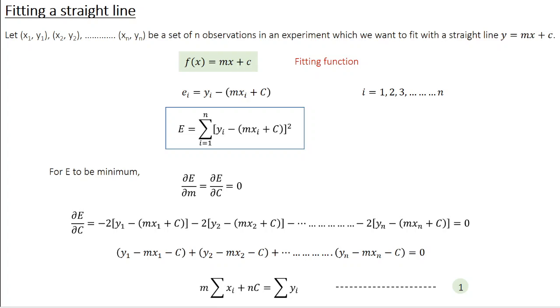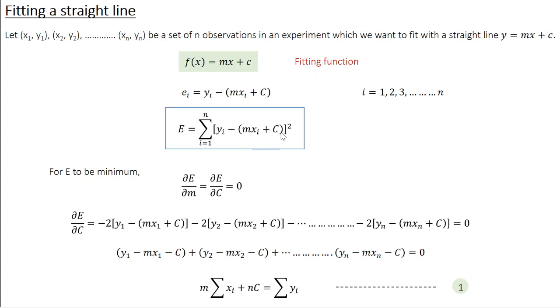Same way, now you can calculate dE by dm. Once again, apply the chain rule. So you have 2 into (y1 - mx1 - c). Then you have to find the derivative with respect to m of the term inside the bracket. The derivative of y1 with respect to m is 0. The derivative of minus mx1 with respect to m is minus x1.